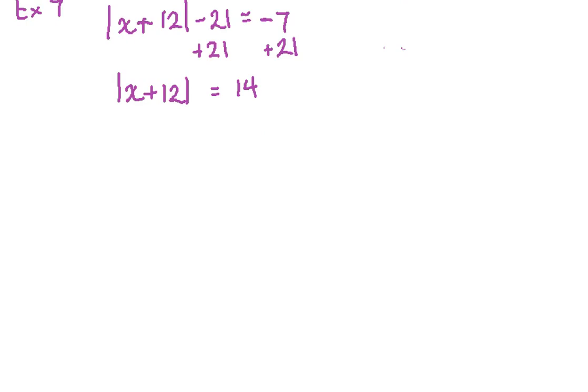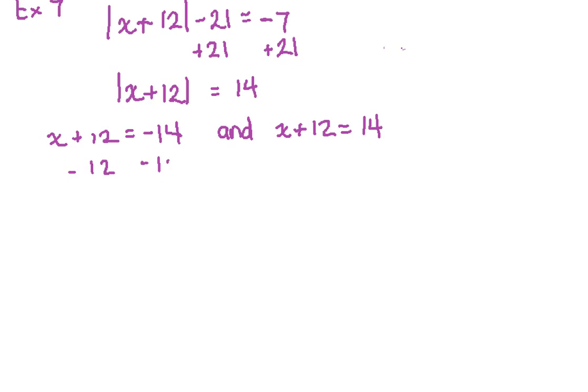All right, so here we're going to go ahead. X plus 12 is going to equal negative 14, and this is an and situation, both of these have to be the solution. So x plus 12 equals positive 14. Now I'm going to go ahead and subtract 12 to isolate my x.